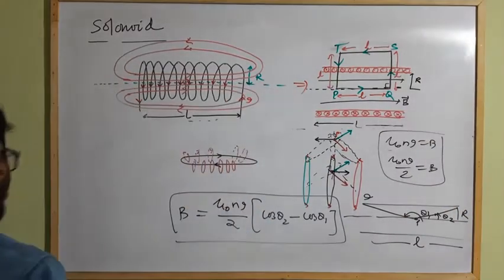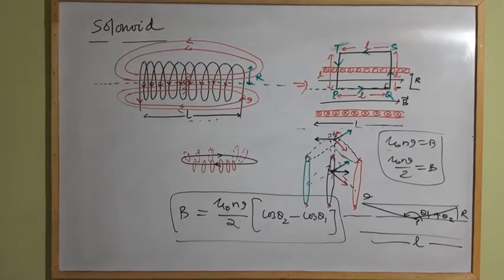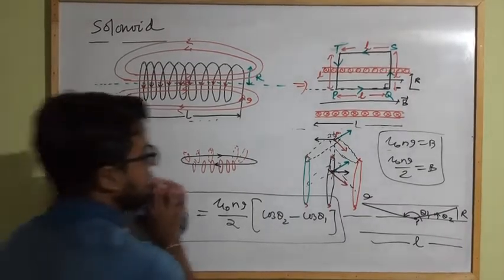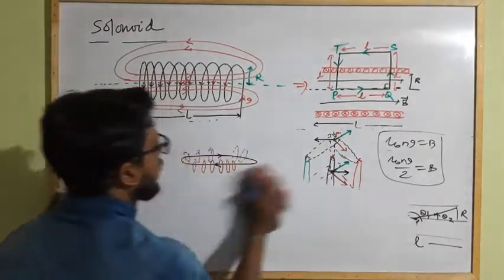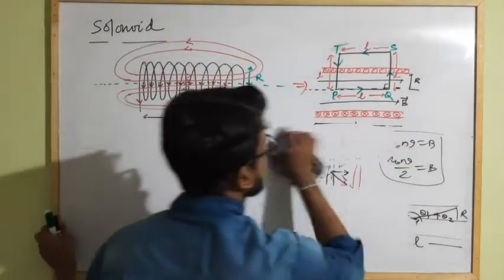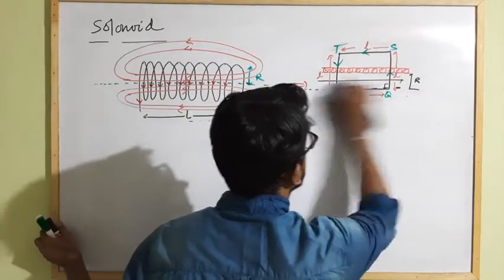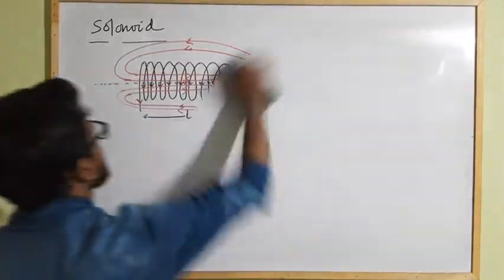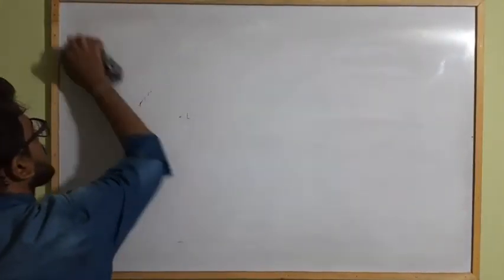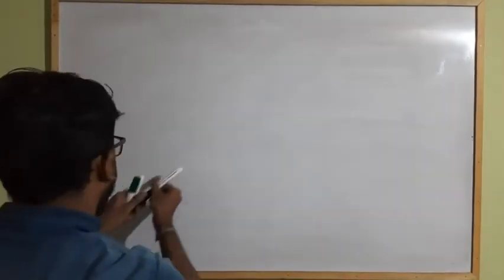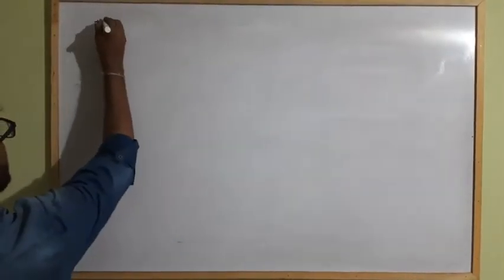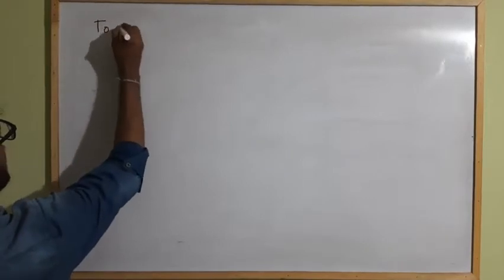Okay. So now let us discuss the application of Ampere's circuital law for a toroid. Application of Ampere's circuital law to find the magnetic field strength due to a toroid.